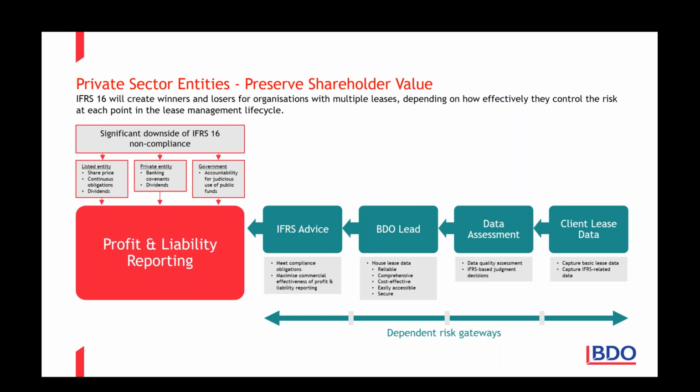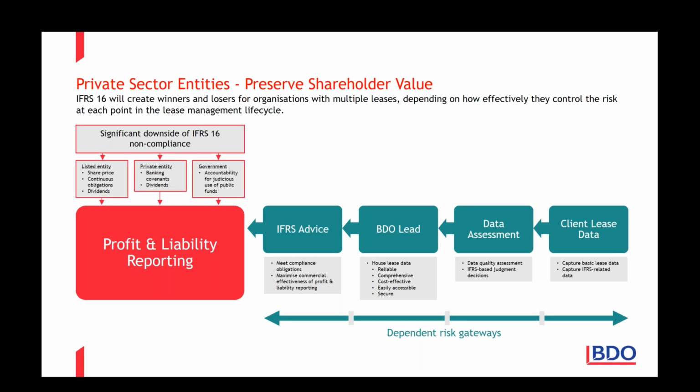So what does IFRS 16 do to your retained earnings? And what does it do to your net assets if we think around your dividend tests? If you're a private entity, not listed, what does this do to your bank governance? And again, your ability to declare dividends, a big one.